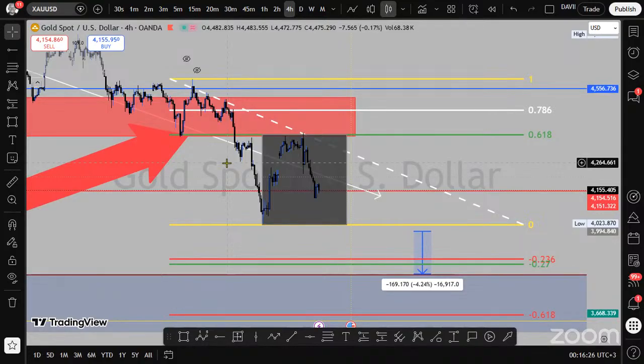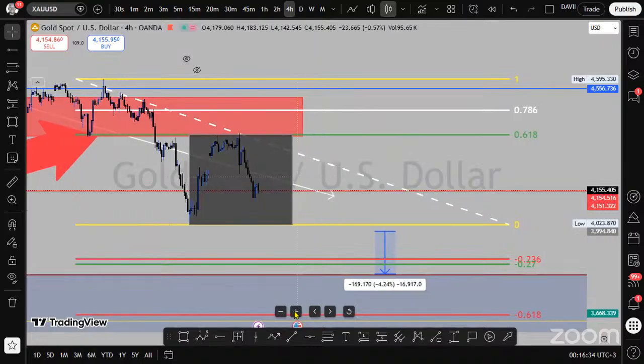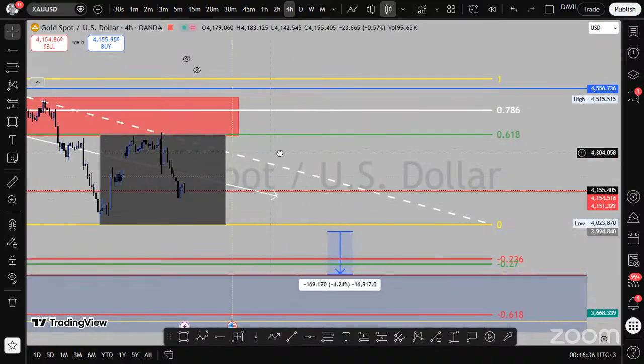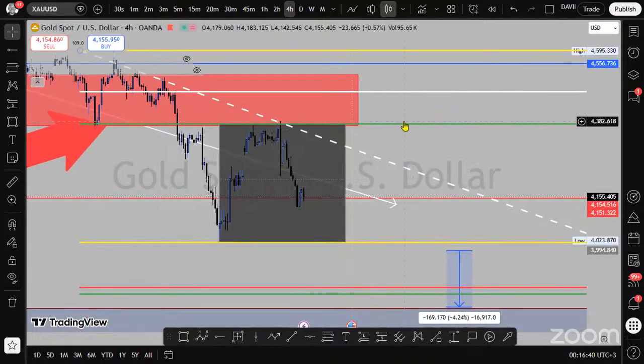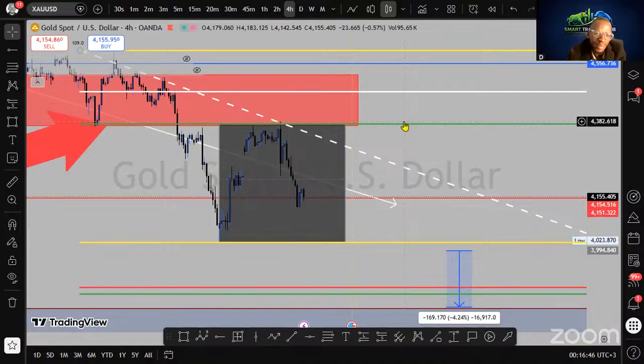What actually happened is price did not break the previous higher high. So it was still indicating that we are in bearish momentum. Yes. Amazing. Price failed to break the previous higher high, which was this point.